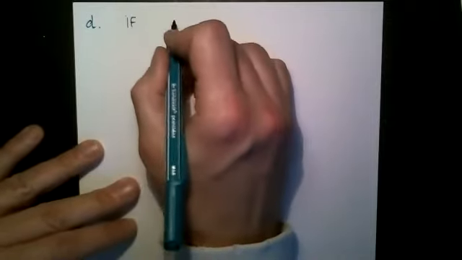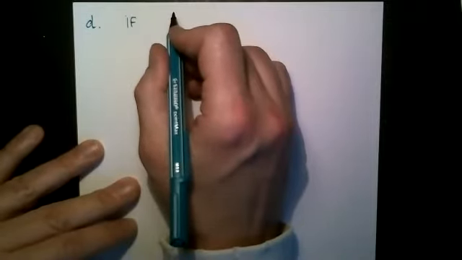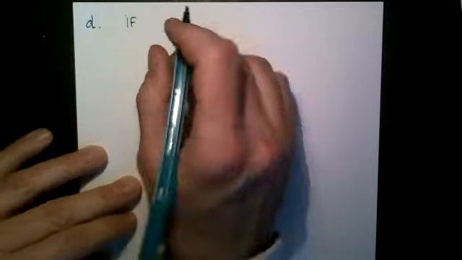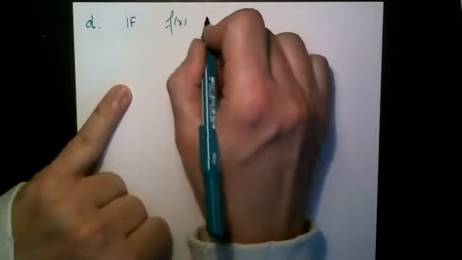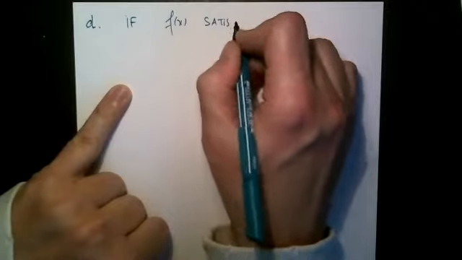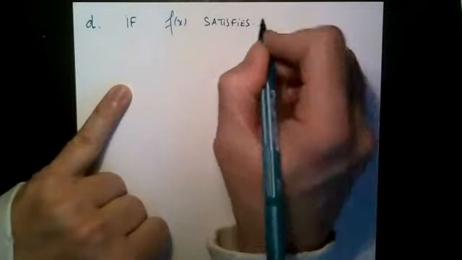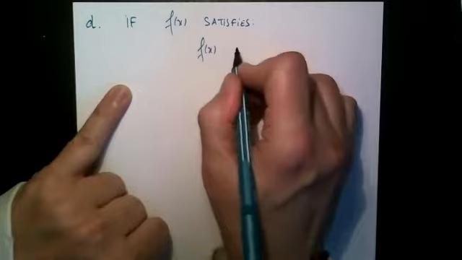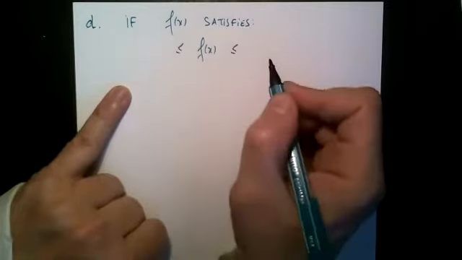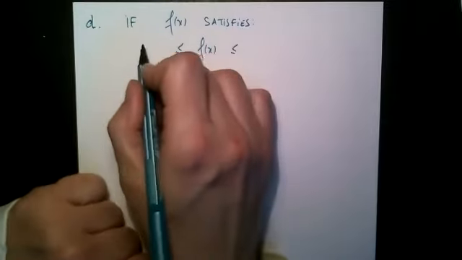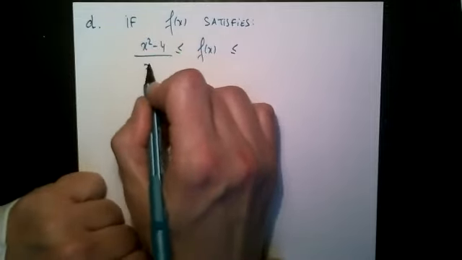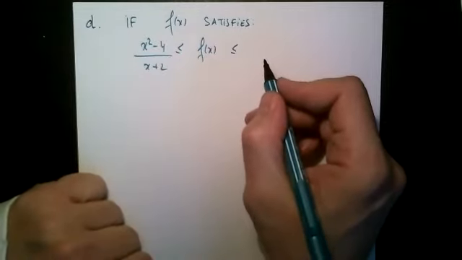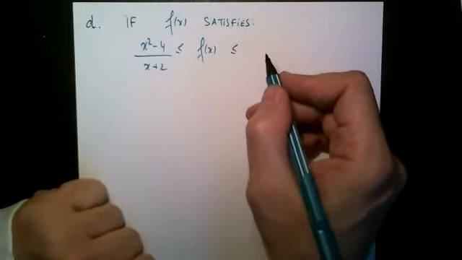So here's a question. If f of x satisfies the following thing: f of x is between x2 minus 4 over x plus 2 and x2 plus 5x plus 2.